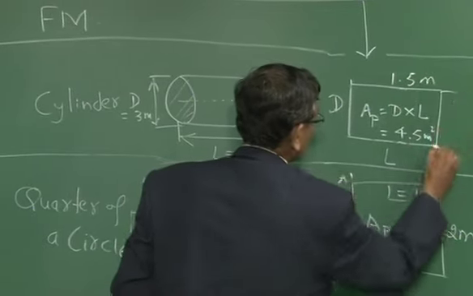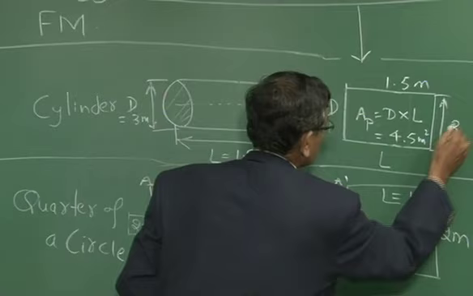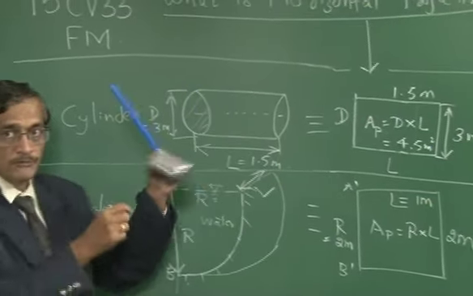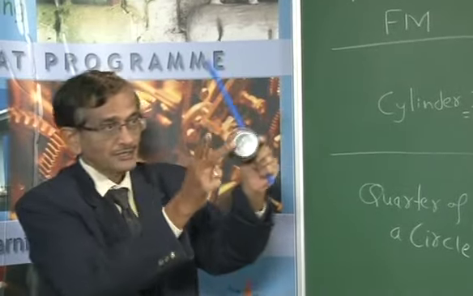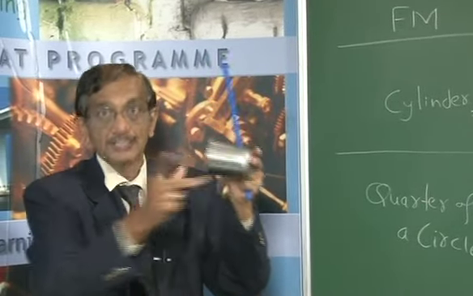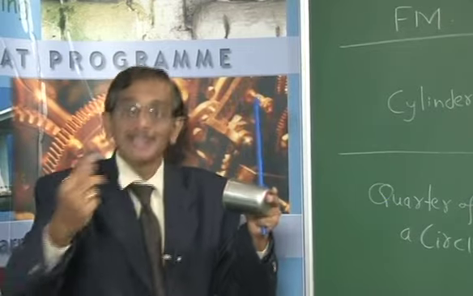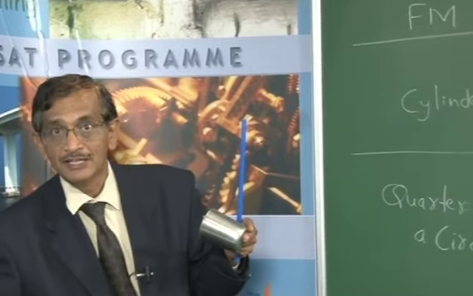As I explained to you, the portion which you are seeing is going to be converted into a rectangle. The length of the cylinder is 1.5, so 3 into 1.5 is the area projected.